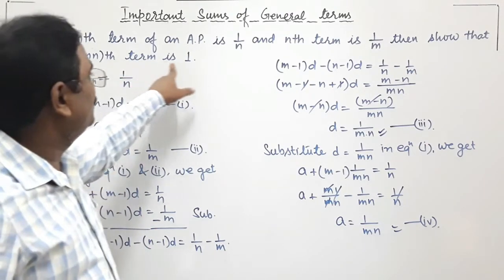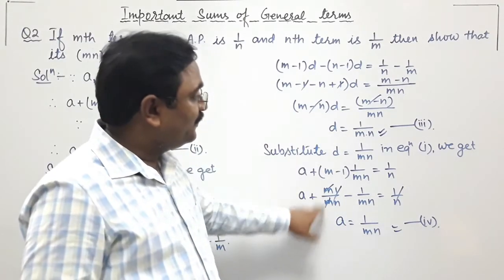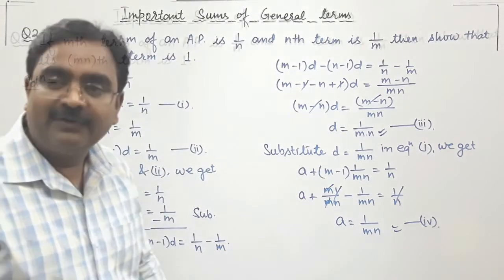A of mn is equal to 1. So let us substitute these two values of a and b to get the values of A of mn.